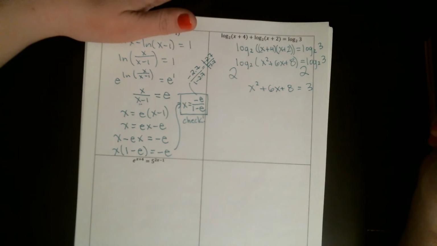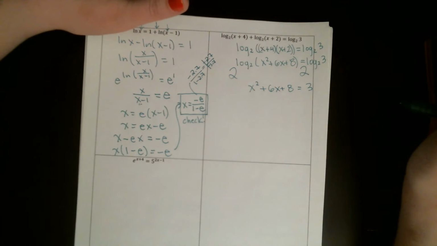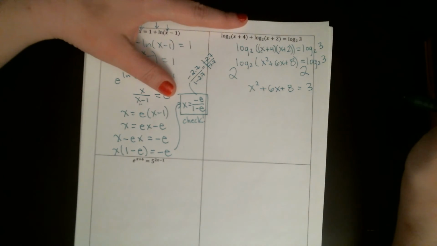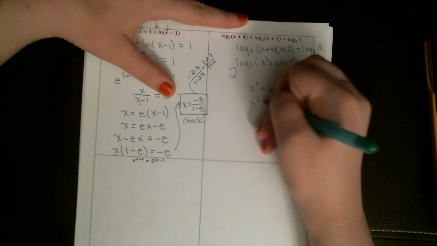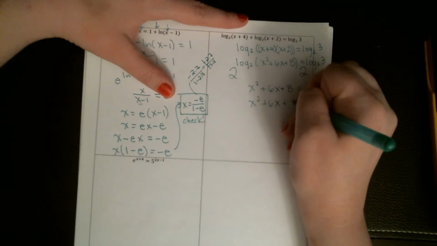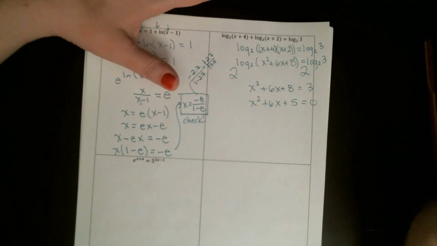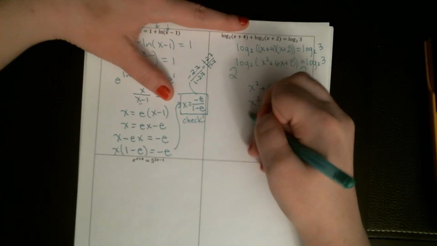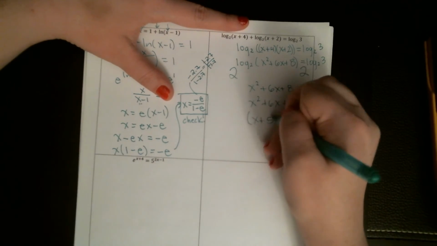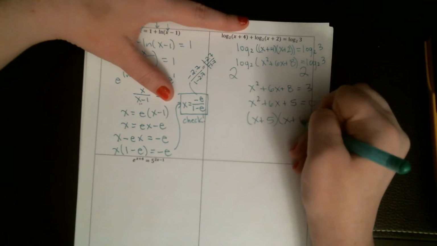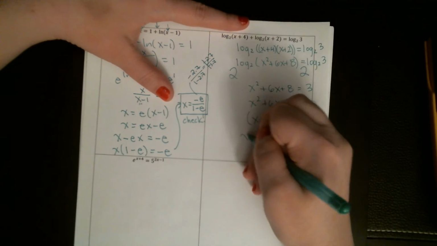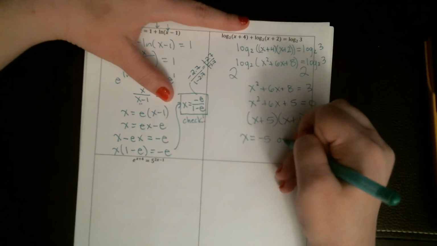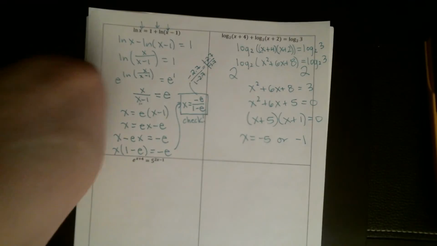So I once again turned a log equation into a quadratic equation. I'm now going to subtract 3 from both sides. That looks nicely factorable, x plus 5, x plus 1. Which means x could be negative 5 or negative 1.